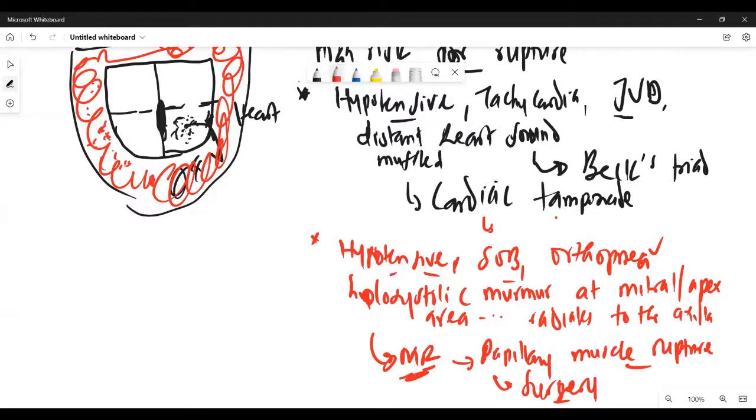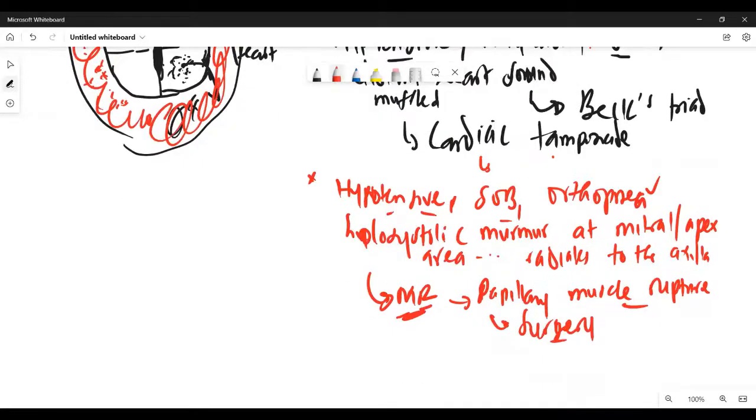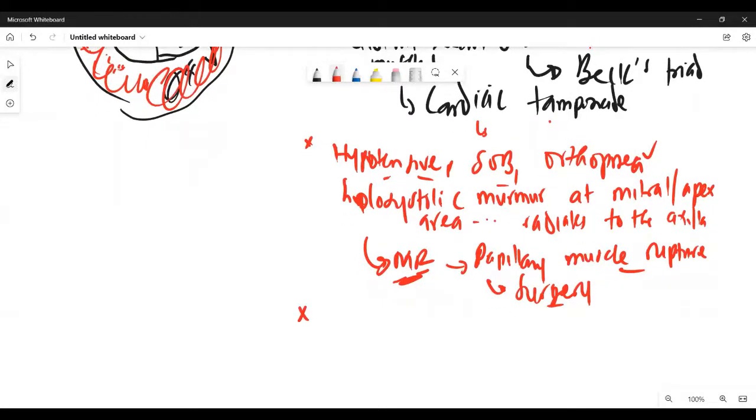severe mitral regurgitation, right? Moving on, what about this same patient, same day, on day 5, the patient is hypotensive, they're having shortness of breath, they're having maybe orthopnea, but this time around, this patient is having a holosystolic murmur, right?